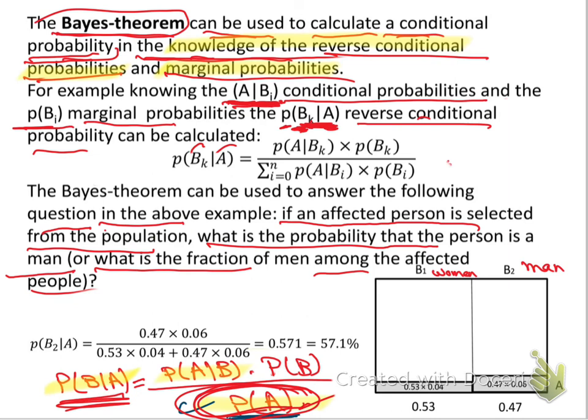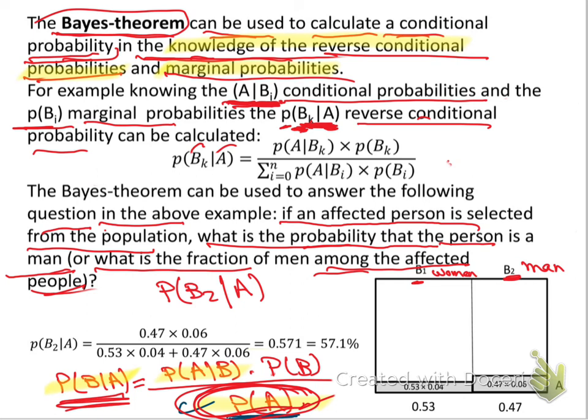So here the question is, what is the probability that the person is a man? What's man? Man was B2 in our example and woman was B1. So the probability of B2, given that he is affected, so given A. So the probability of B2 given A.